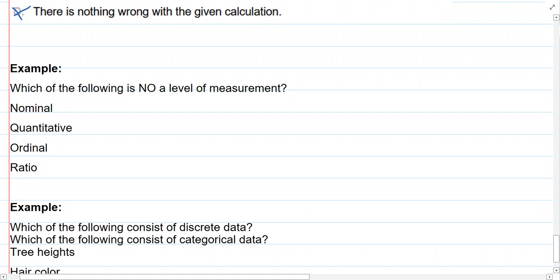All right, so here we have one that says, do you know what the meanings are? Which of the following is not a level of measurement? All right, so nominal is a name.